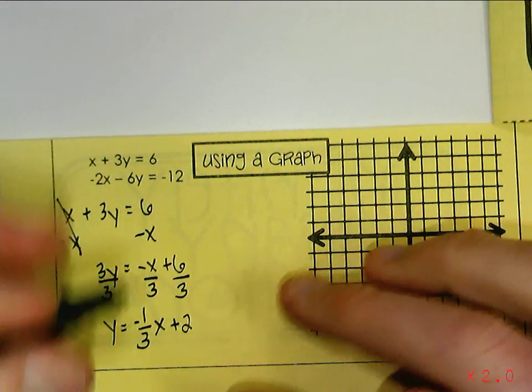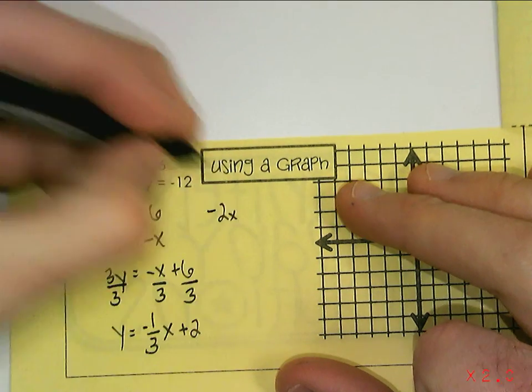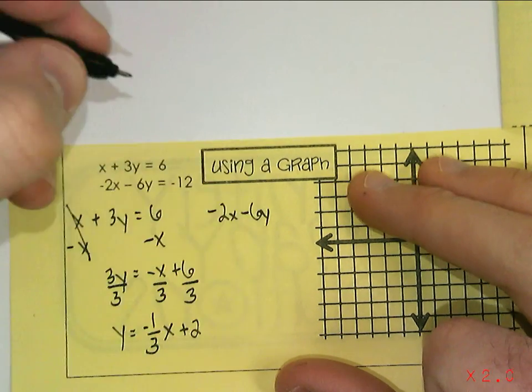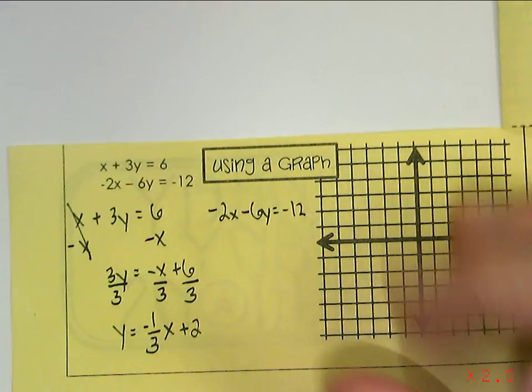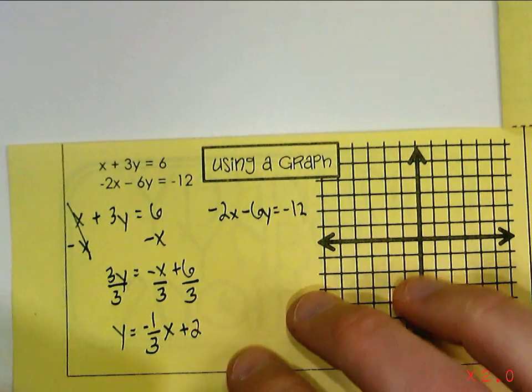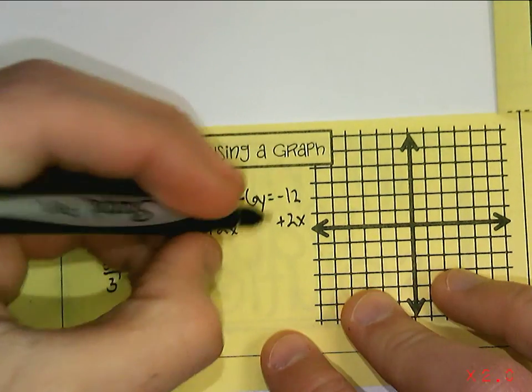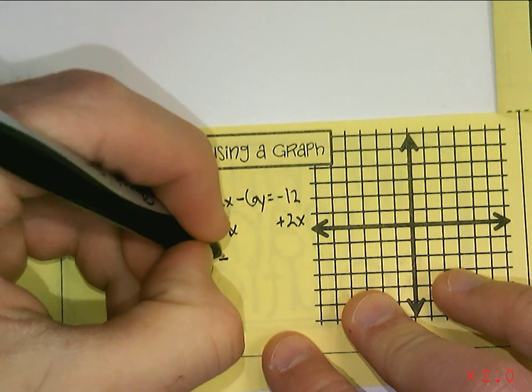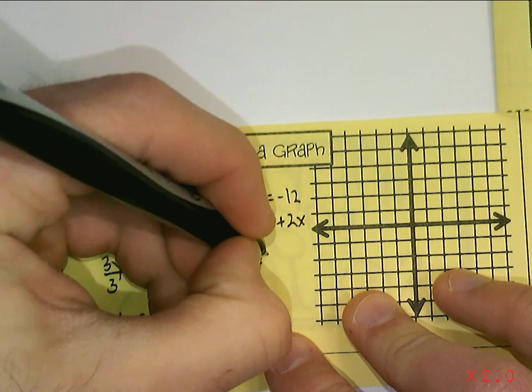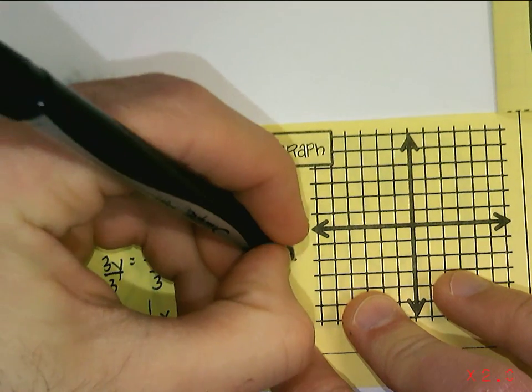And let's do that second one then. Negative 2x minus 6y equals negative 12. Add 2x to both sides. Those cancel, so you'll have negative 6y equals 2x minus 12.